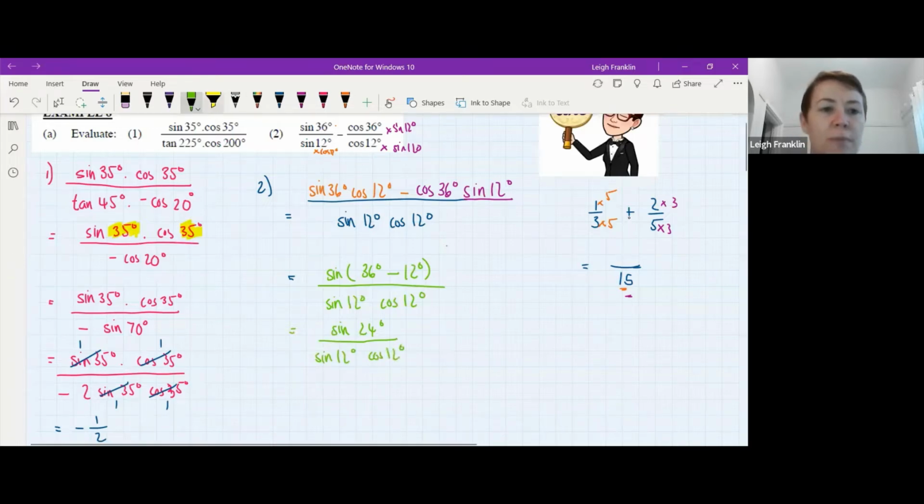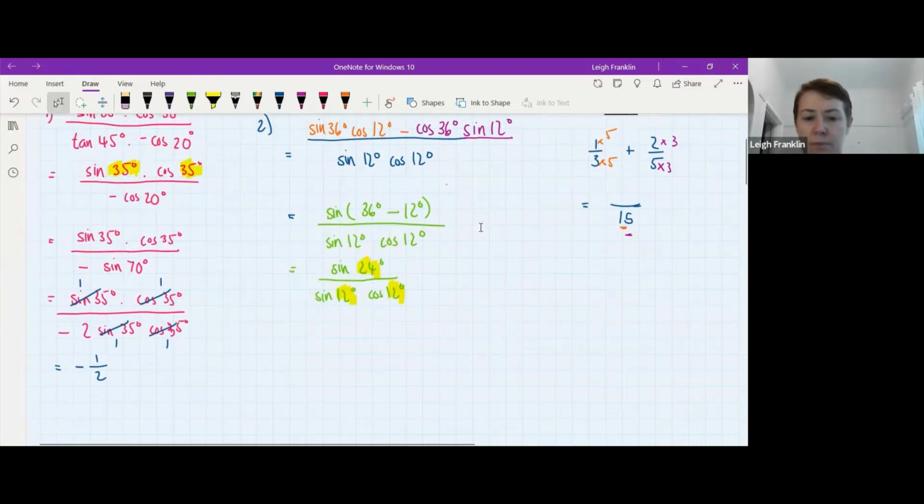And what do you notice about 24 and 12, Matrix? It has to be what sort of angle? A double angle. Indeed, it has to be a double angle. Just like we wrote sine 70 as 2 sine 35 cos 35, I've got to do exactly the same thing with sine 24 over here.